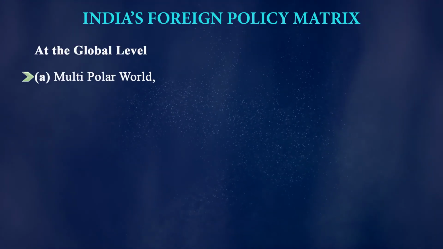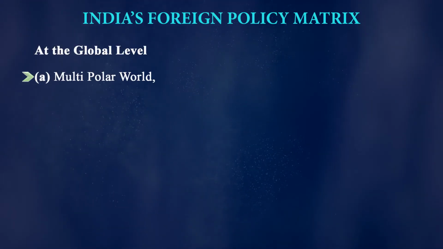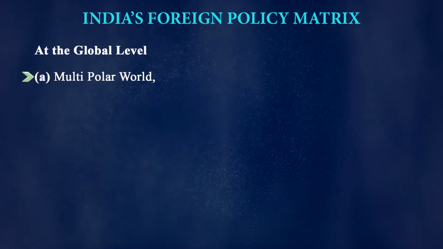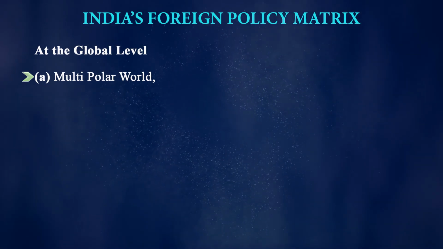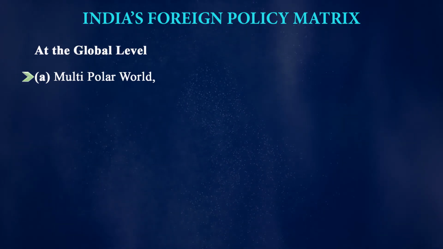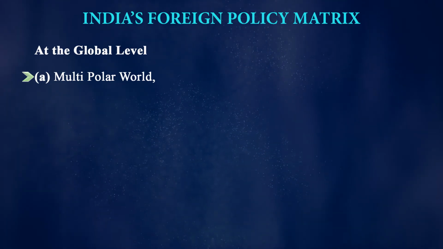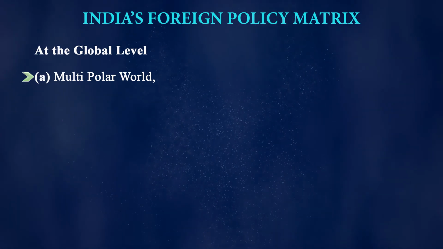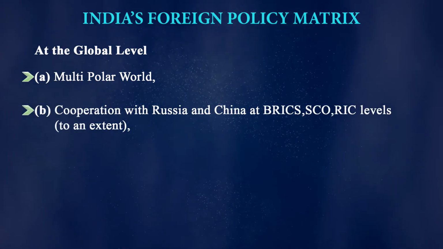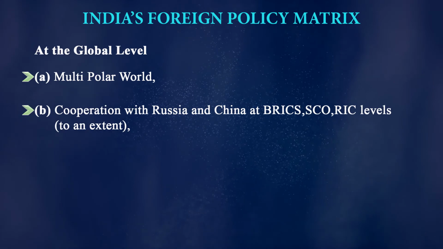To suit India's foreign policy interest, India would like the world to be a multipolar world, right? That multipolar world would be a world in which there will be more than one pole, or more than two poles, as there was during the Cold War. There would be cooperation with Russia and China.